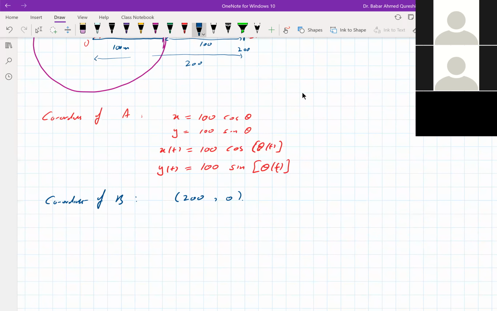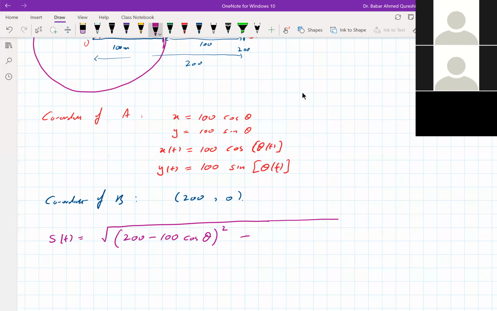So the distance s is the square root of the difference of the x coordinates squared, that is 200 minus 100 cosine theta squared, plus 100 sine squared theta.